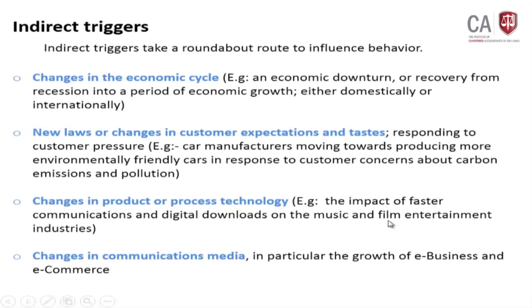That mechanism has indirectly triggered you to adopt new technology in your organization. So, in order to change the product or process, there can be many factors that influence you to do it in an indirect manner, indirect triggers.